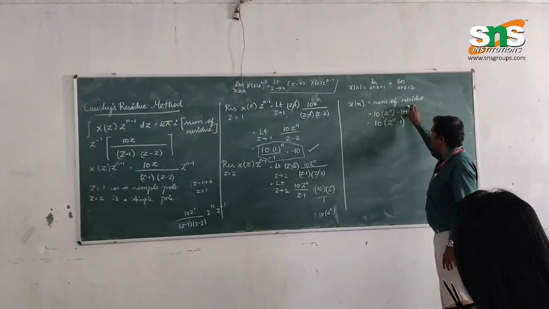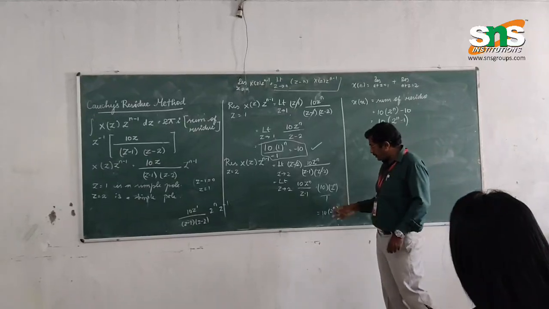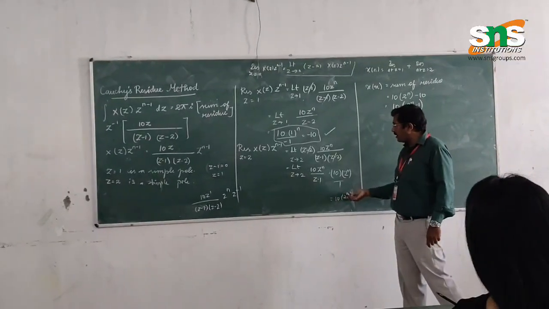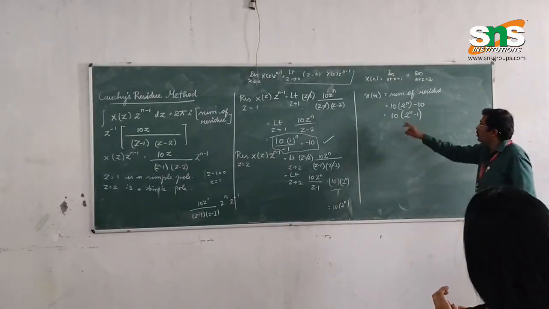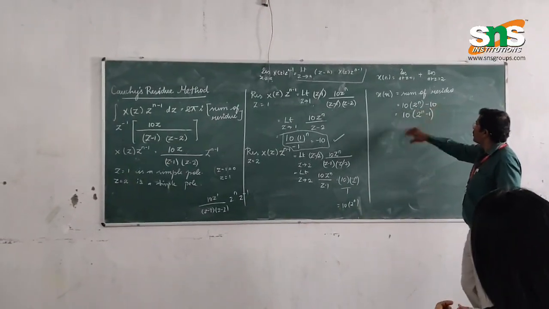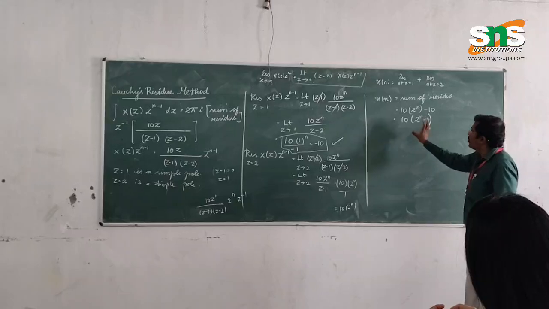Sum of residues: the first term is 10 into 2 power n, and the other residue is minus 10. I am just writing both together: 10 into 2 power n minus 10. We can take 10 as common outside, so you get this result.